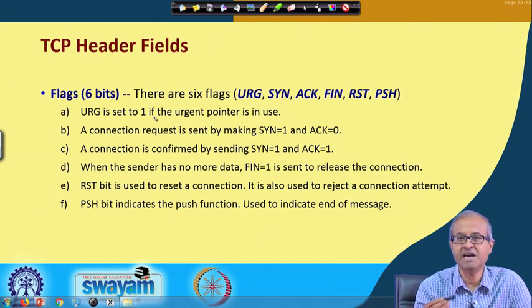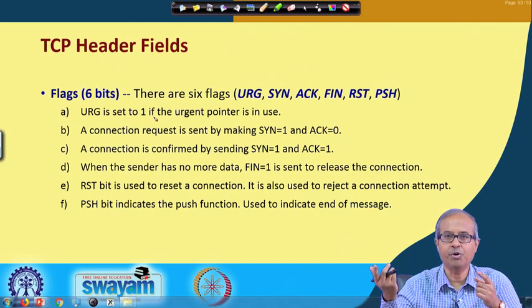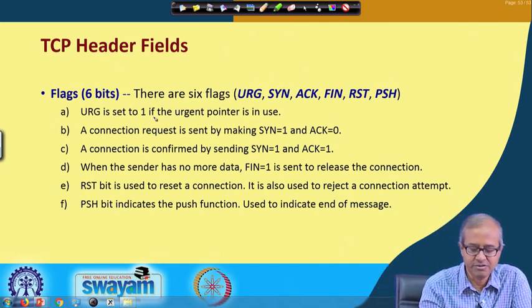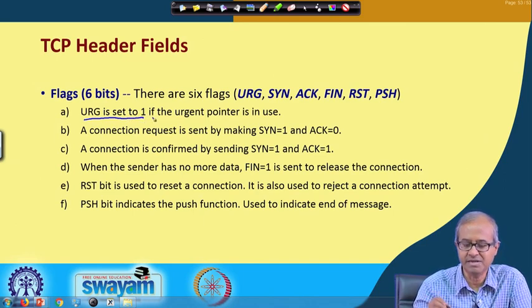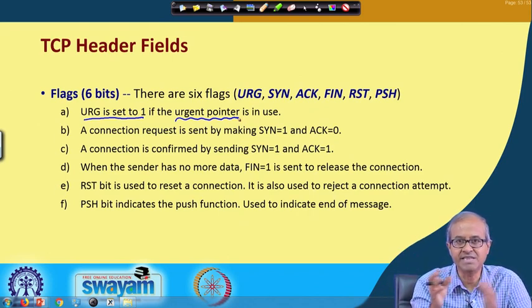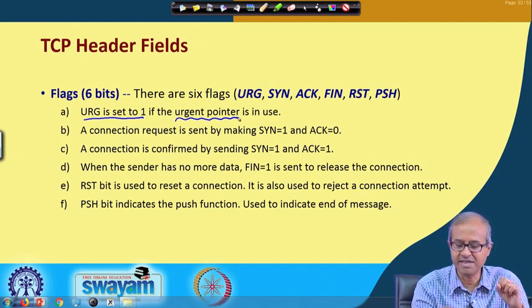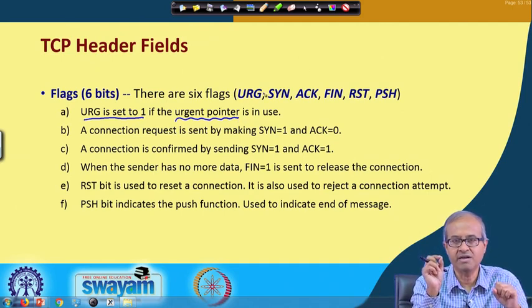Well, if there is any urgent data that is carried by the TCP packet, urgent data may be some kind of interrupt processing, some important thing need to be handled. So, then the urgent flag will be set to 1, and I mentioned the urgent pointer field, it will be pointing to some place in the data part, where that urgent data will be stored. So, if the URG flag is set to 1, it means that the urgent pointer is now active.